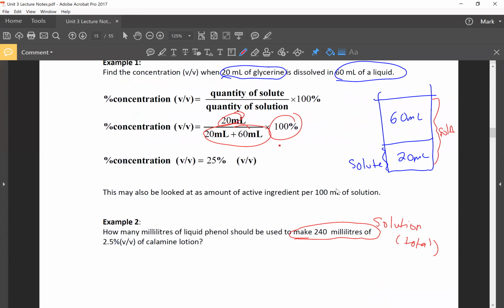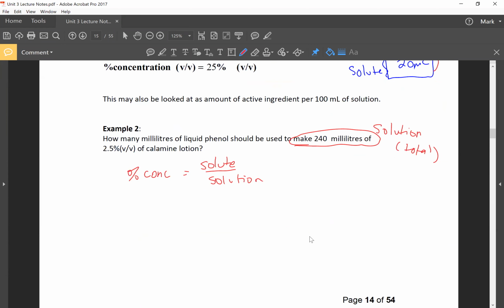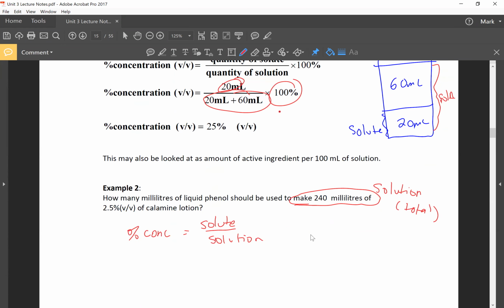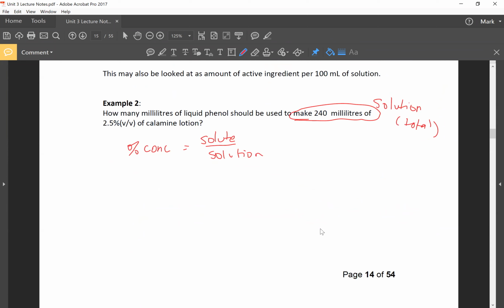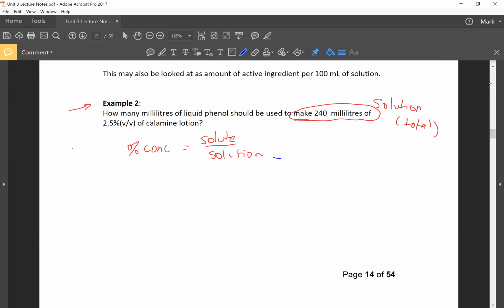So we use the formula from above. My percent concentration is equal to my solute over my solution. And I'm going to fill in my numbers. Now, one thing you want to be careful with is that I know my solution is 240.